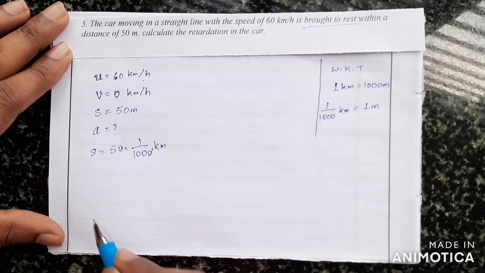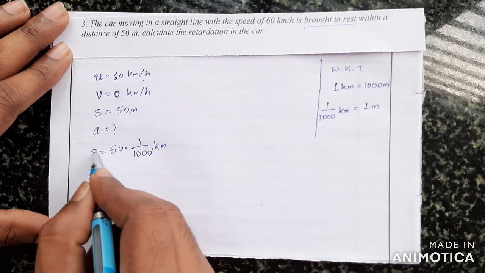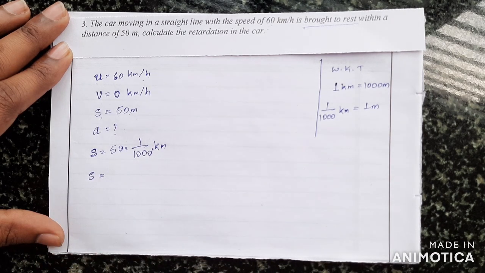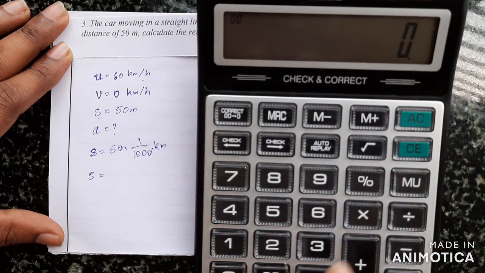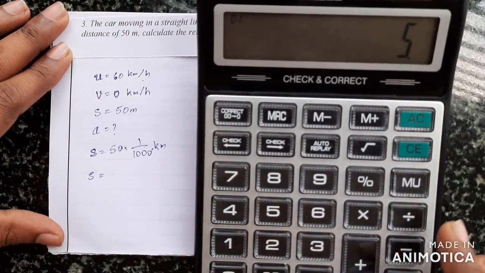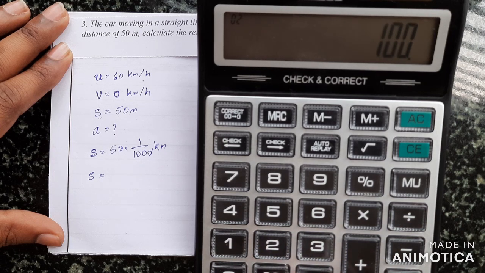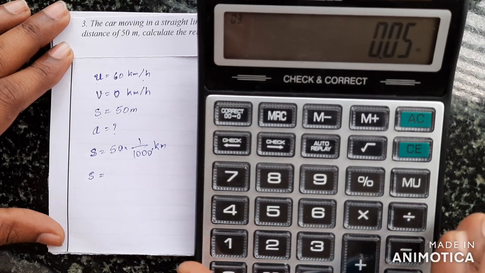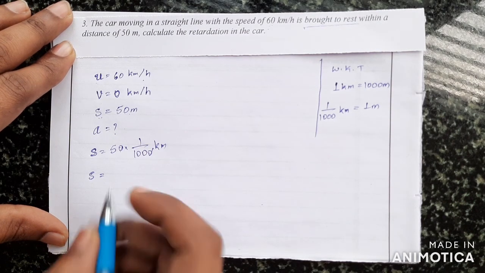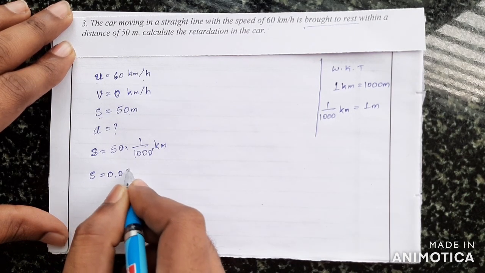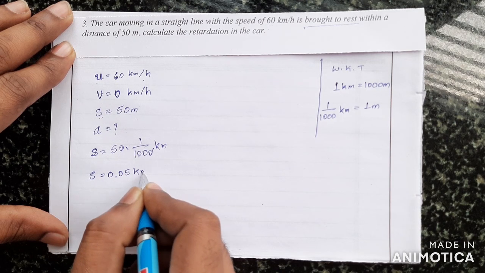So now S becomes equal to 5 by 100. Let us see what is 5 by 100. 5 divided by 100 is 0.05. So what we have is S is equal to 0.05 kilometer.